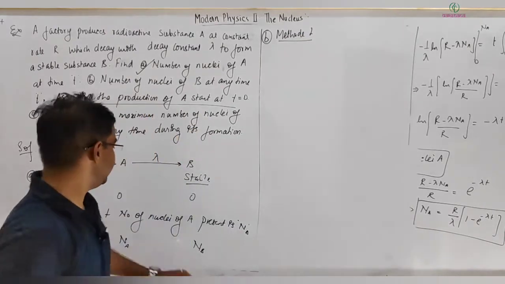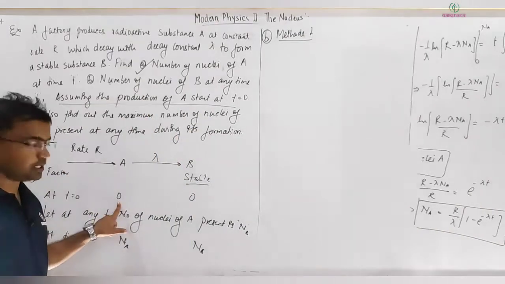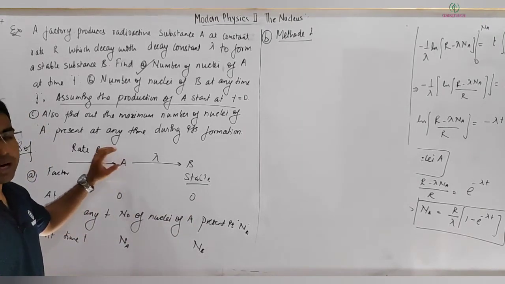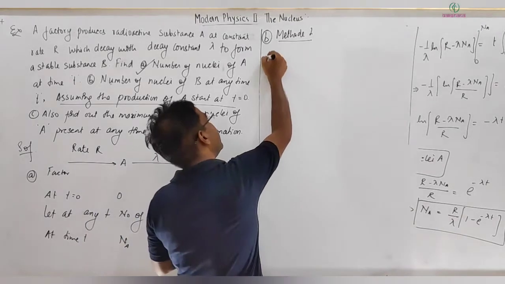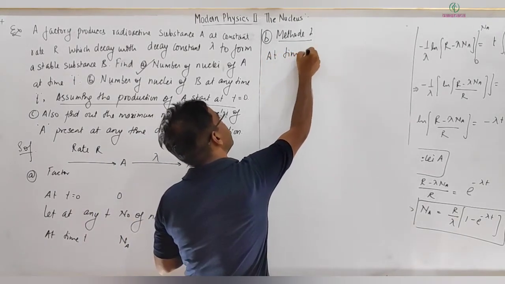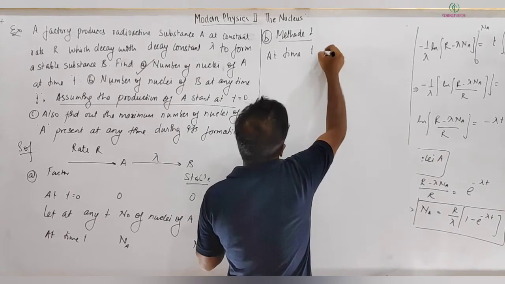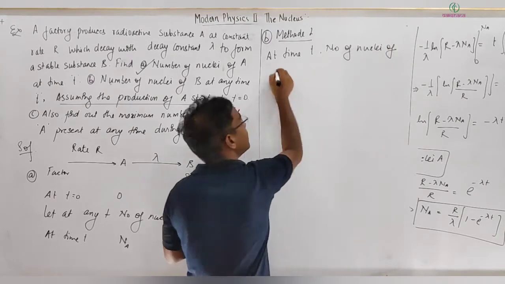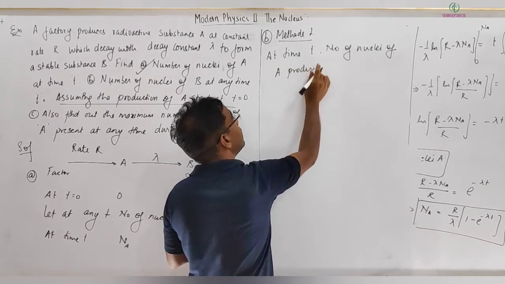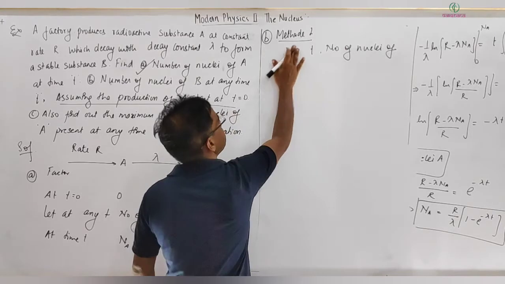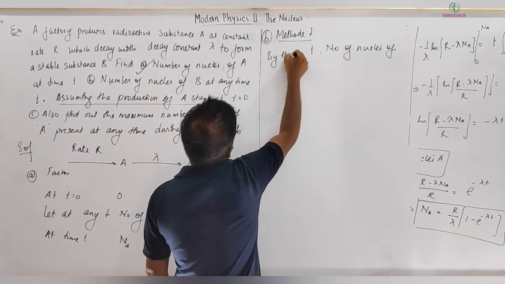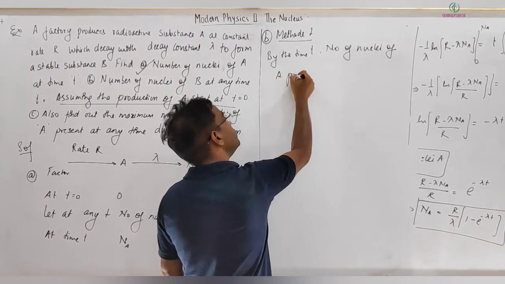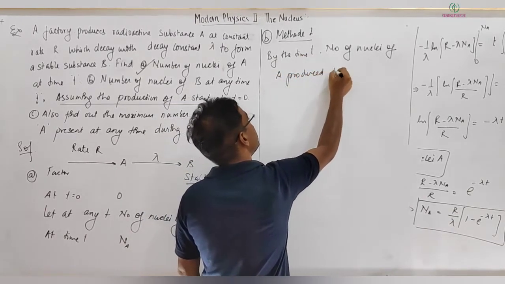Initially at t equal to 0, the number of nuclei is 0. A is being formed at a constant rate. By time t, how many nuclei of A are produced in total?